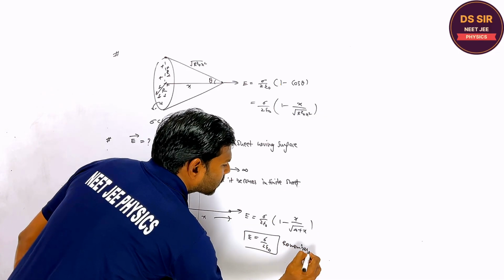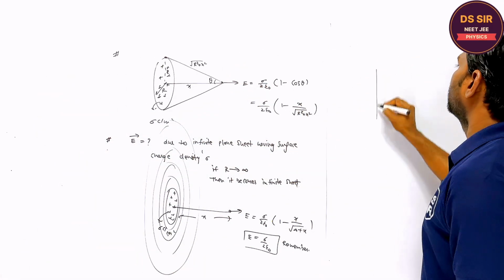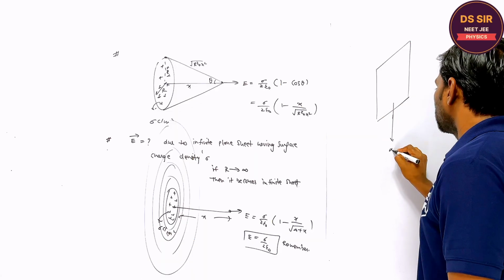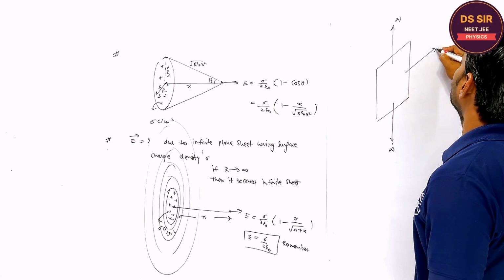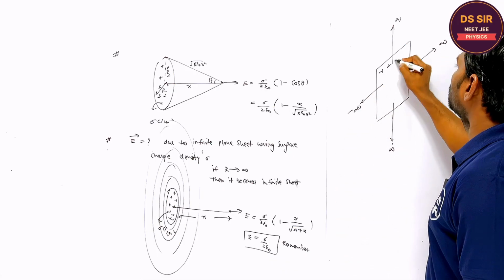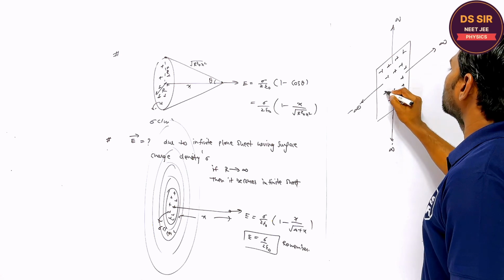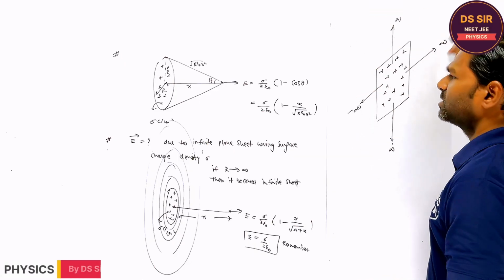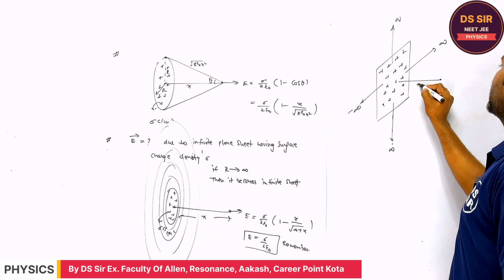Listen to one thing. The sheet is infinite. If this is the sheet, it extends to infinity in this direction, this direction, this direction, and this direction, and it is uniformly charged. It is not necessary to be a circle, because at infinity it may be of any shape. So what is the electric field at distance x?